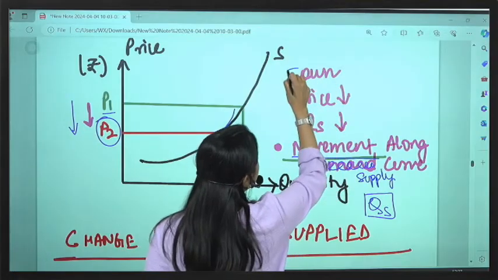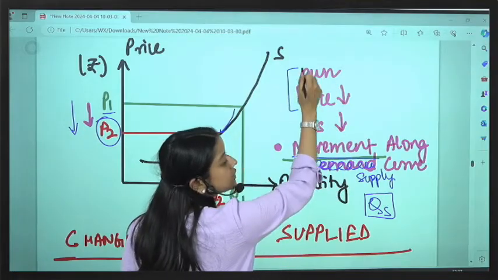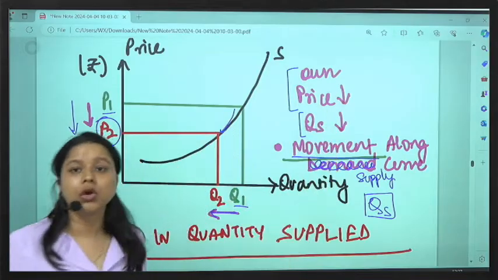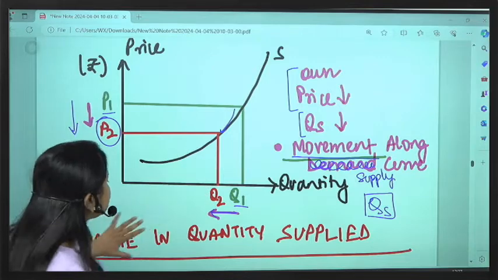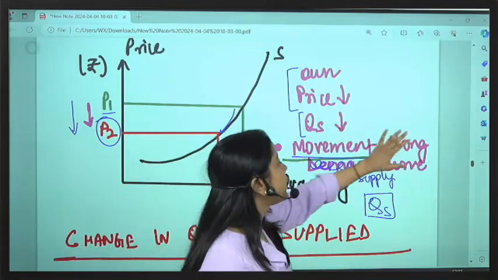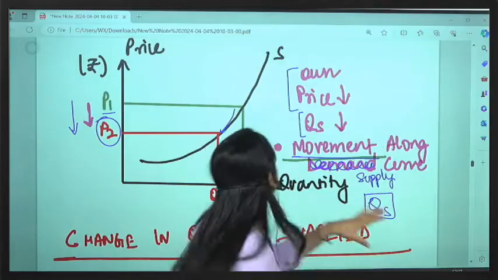So if the own price of the commodity is going down, then we say that the quantity supplied will also go down. This is known as change in quantity supplied, or we also say movement along the supply curve.